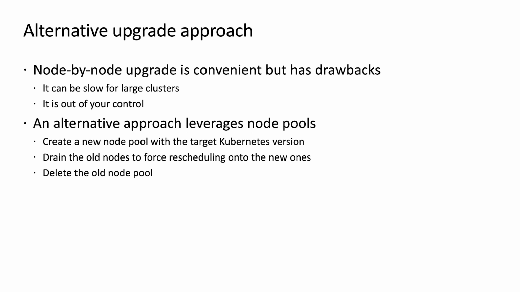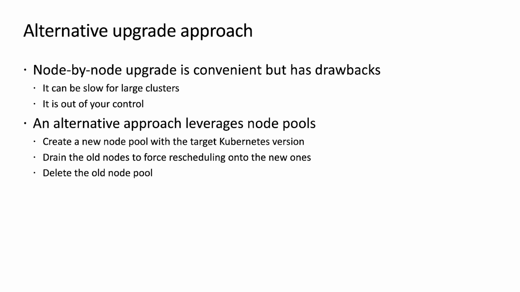So what we've seen is a lot of customers end up following an alternative approach using node pools, where rather than running that node by node upgrade, they will actually create an entirely new node pool targeting the new Kubernetes version. So again, maybe a new node pool targeting version 1.17, and then they will drain the nodes themselves on the old node pool, which will force the rescheduling onto the new nodes, and then once all the old nodes have been drained, delete the node pool.